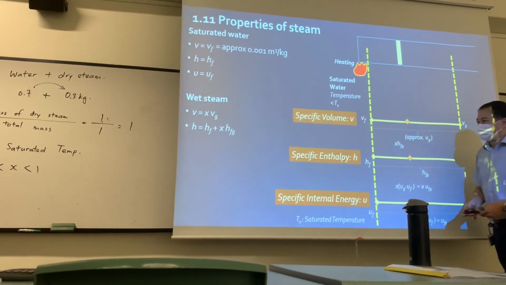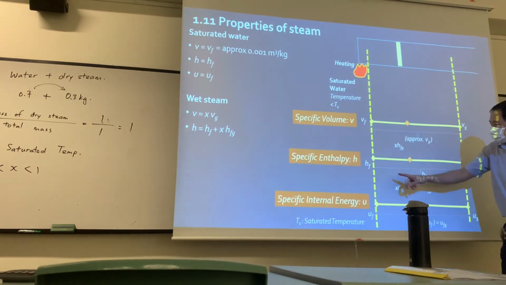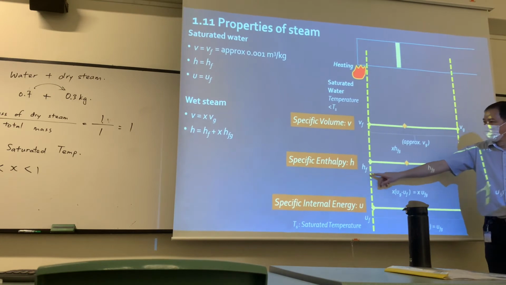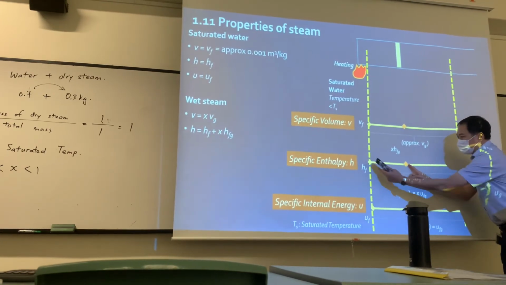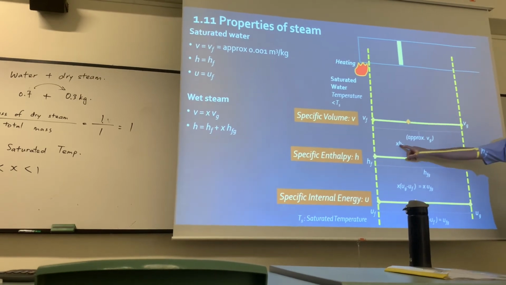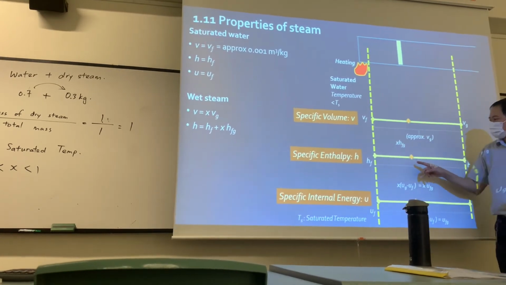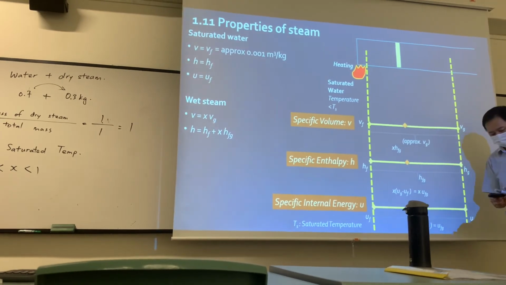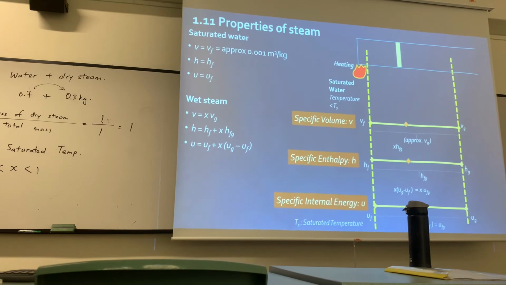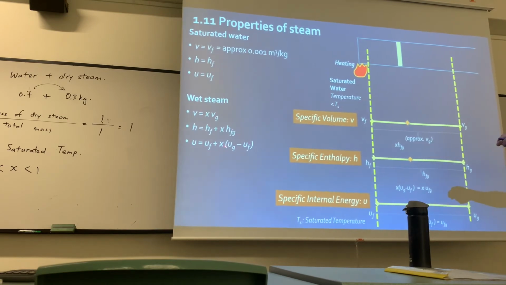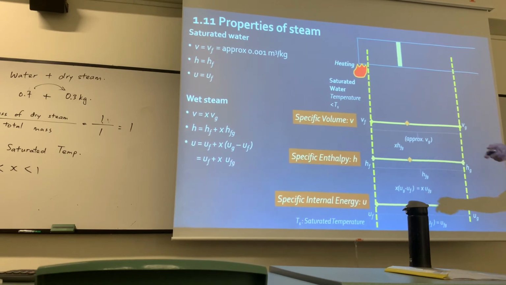This point is hf. I want to add this value to this point, and this value is x times hfg. So this plus this becomes the enthalpy at this point. For internal energy, it is uf plus x(ug minus uf), or sometimes you simply use ufg.